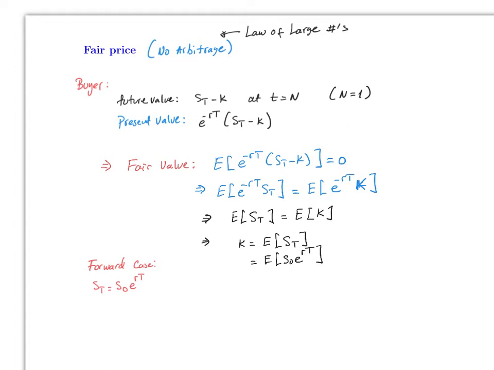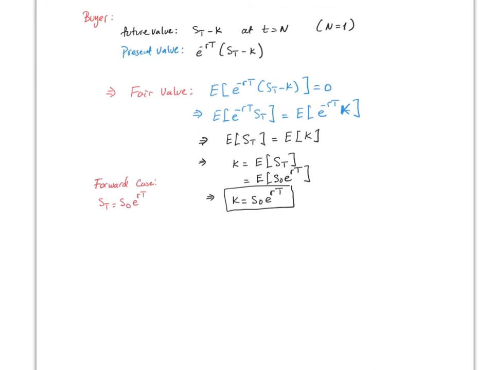But since this is not random, that implies that K should be equal to S0 e to the rT. Now you will see right now that you can actually derive this by common sense for forward contracts, but that's not going to be the case for more complicated derivatives.